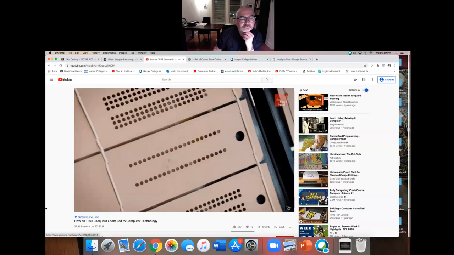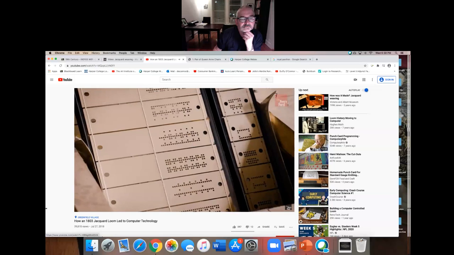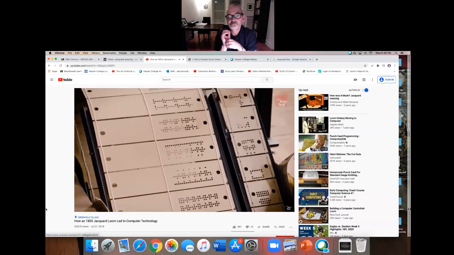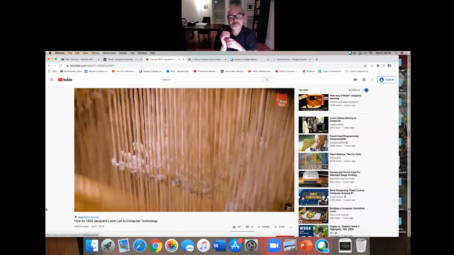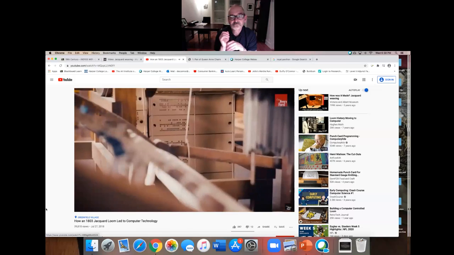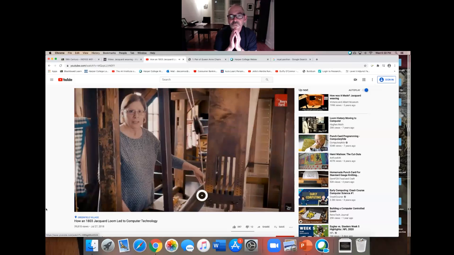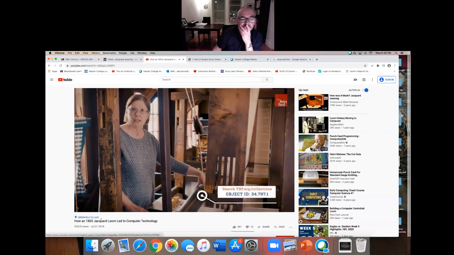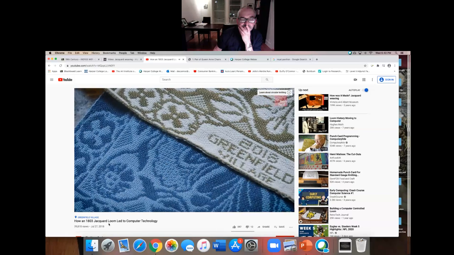Some of you might recognize these cards as looking similar to computer punch cards. Back in the early days of computer technology, punch cards carried instructions that told the early computers what kind of calculations to do. So this loom is the great-great-great-grandfather of the computer technology that we all use today. And that technology started with a machine that produces cloth.